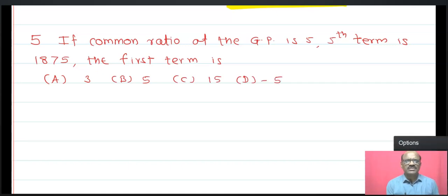Now see this question. The common ratio of the GP is 5 and he has given the fifth term. This is the fifth term. Now what is the formula? The formula is Tn is equal to a into r raised to n minus 1.